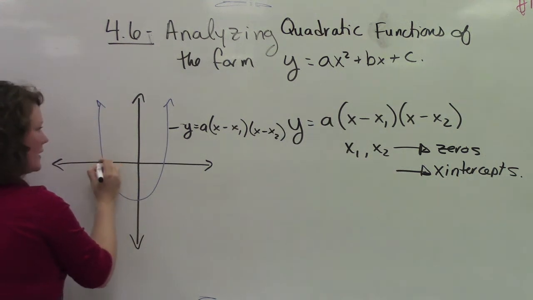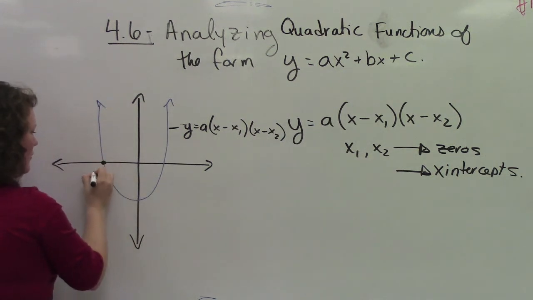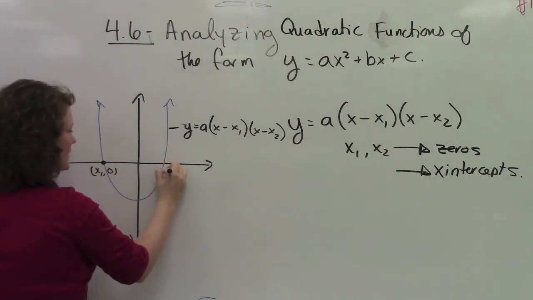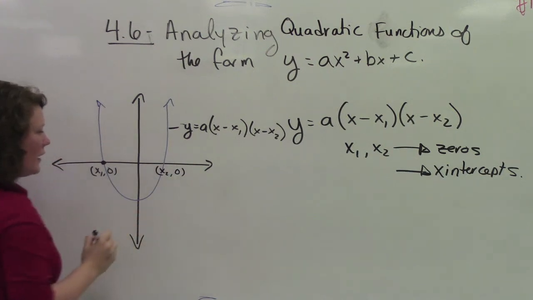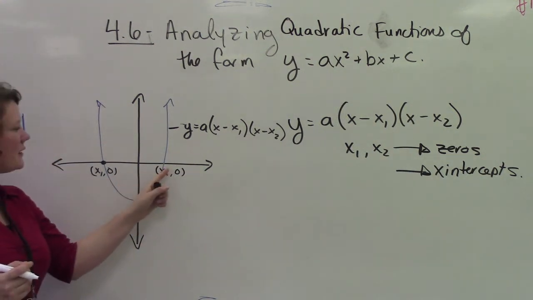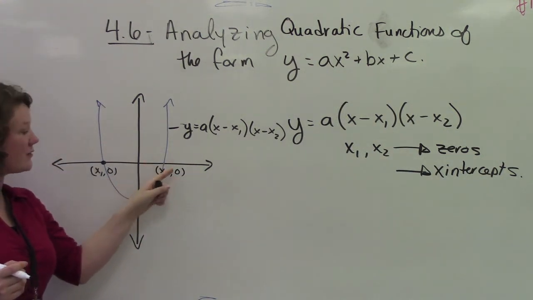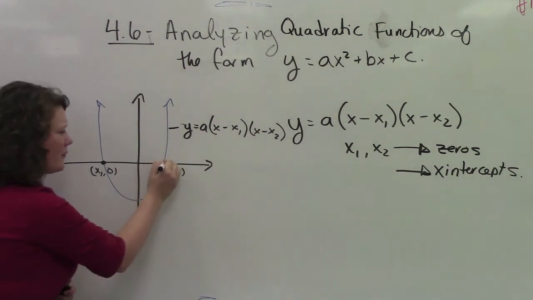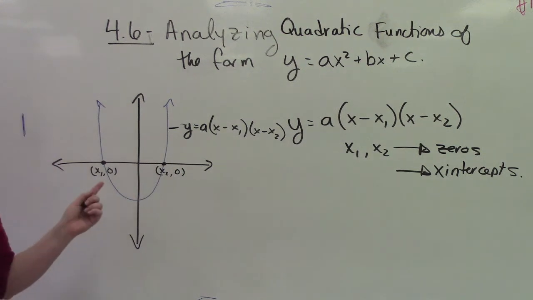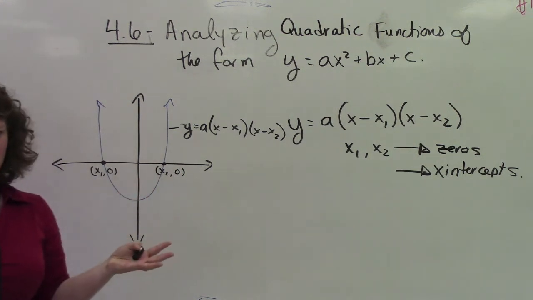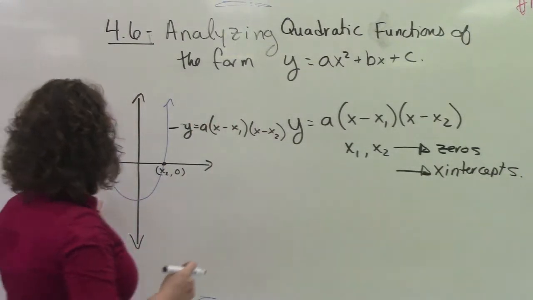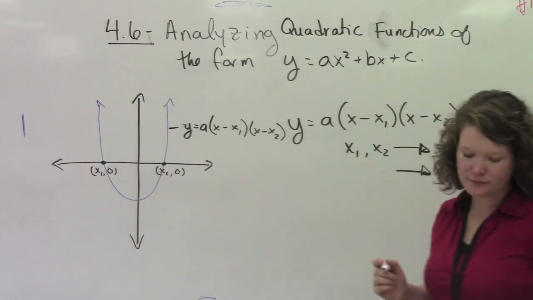This will be our (x1, 0), so that's one intercept. This will be our (x2, 0), because it's going x in the x direction and 0 in the y direction. Does it really matter if I have x1 here, x2 here? No, it matters absolutely nothing. It's just a placeholder, that's all.